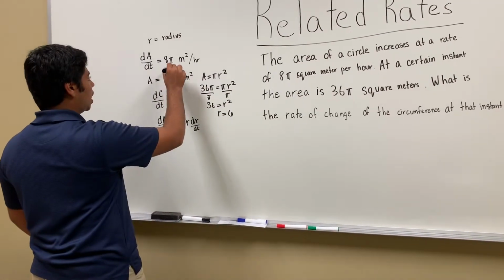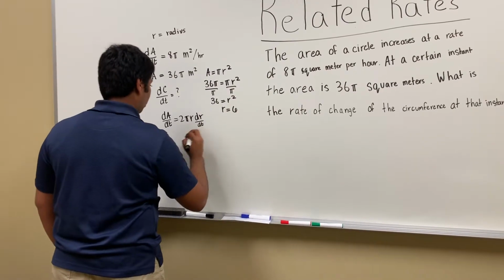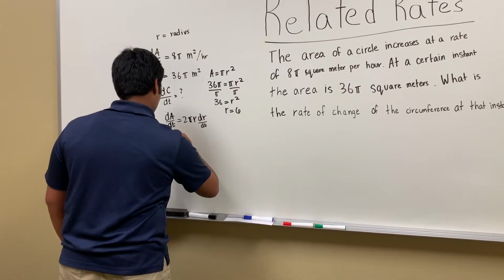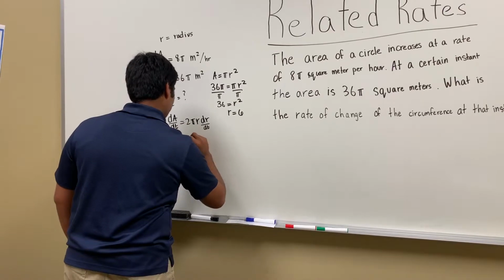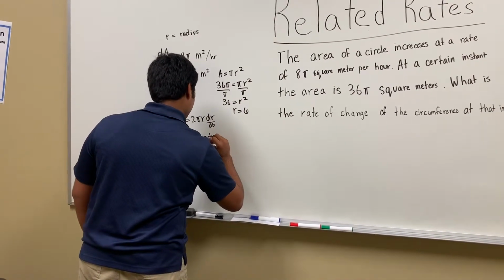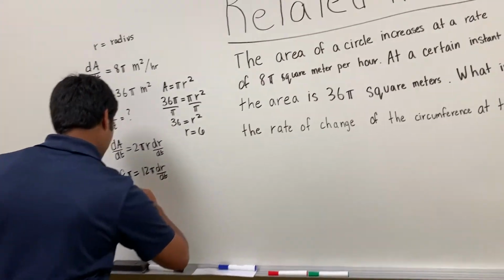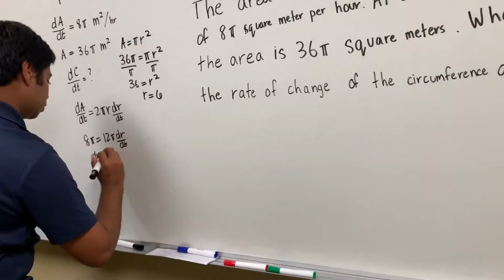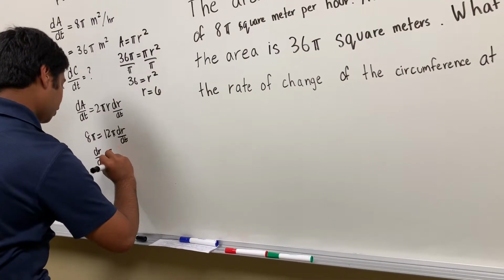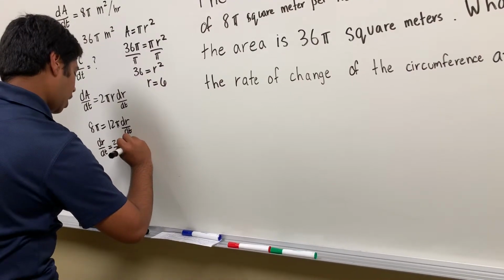We will plug in 8 pi for dA over dt and 6 into r. And so 8 pi equals 12 pi dr over dt. And therefore, dr over dt equals 2 over 3 meters per hour.